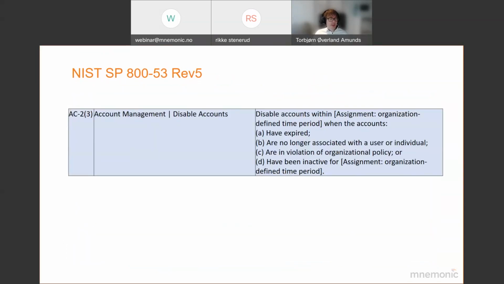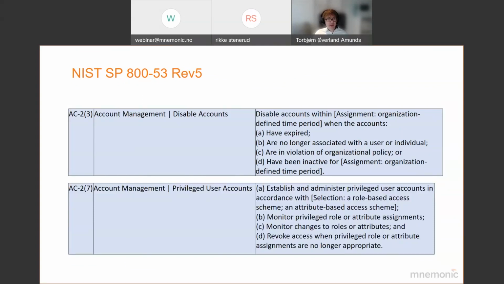So for example, account control was usually the first family. They have this disable accounts: disable accounts within an organization-defined time period when the accounts A, have expired, B, are no longer associated with a user or individual, C, are in violation of organizational policy, or D, have been inactive for an organization-defined time period. It's very concrete.